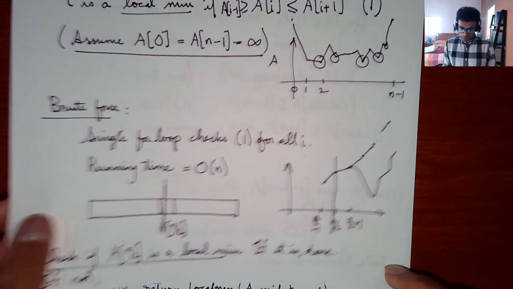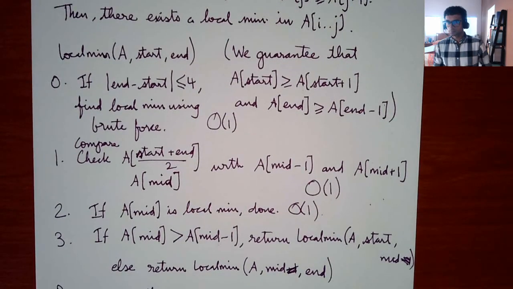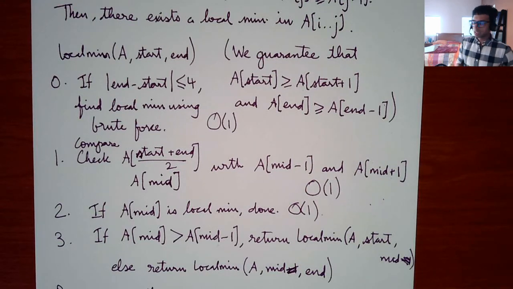Any questions? If your array was sorted increasing, would that be the worst case, and the first element would be the local min? If your array was sorted, then that would probably be the worst case, right? You would start at n over 2, go to n over 4, n over 8, and so on until you get to the end.